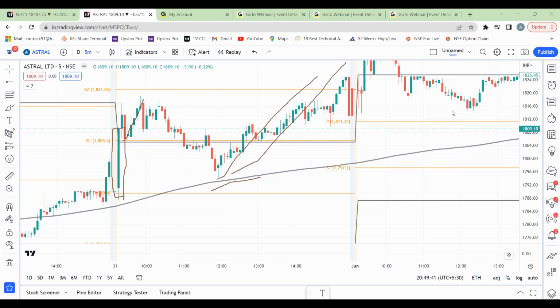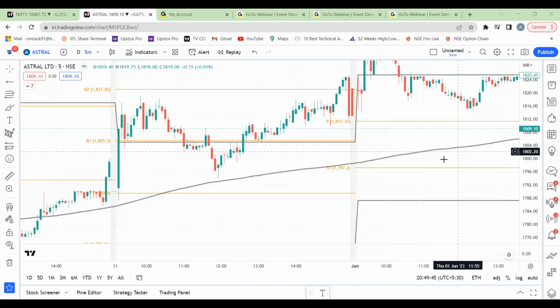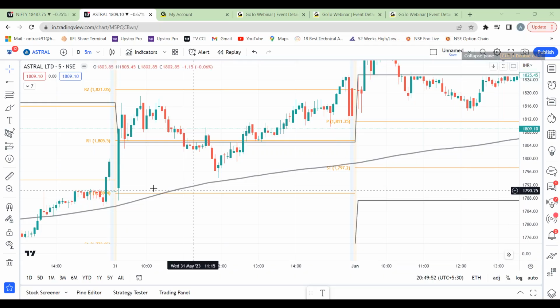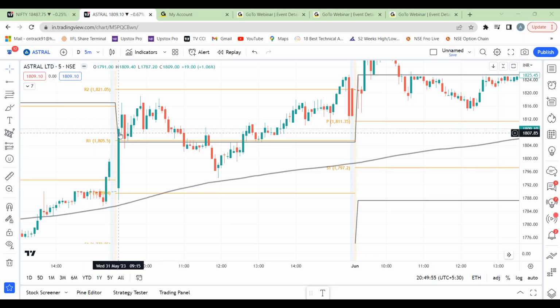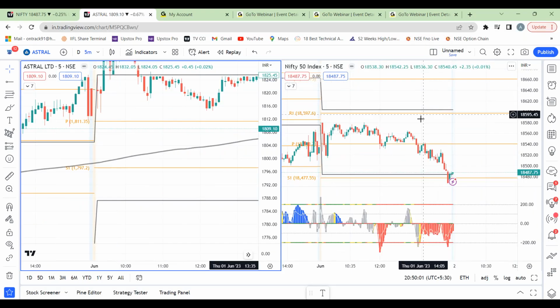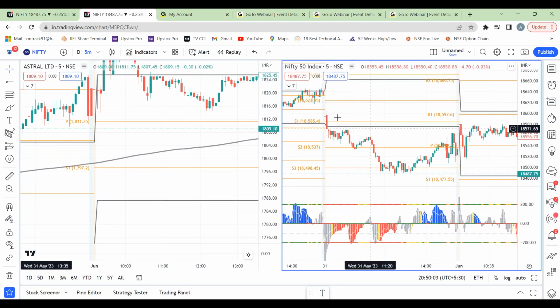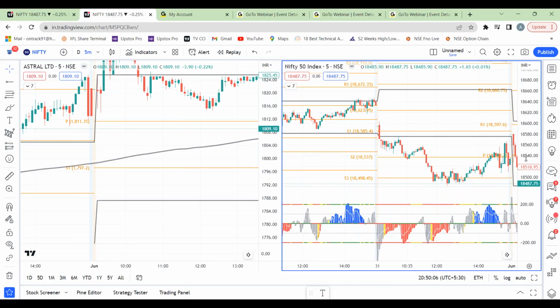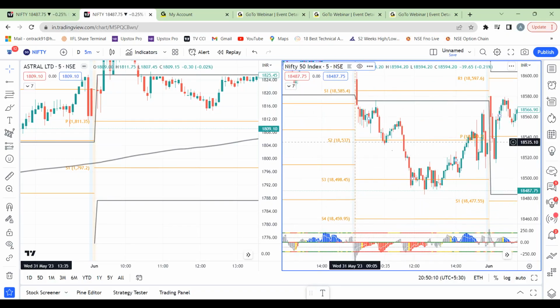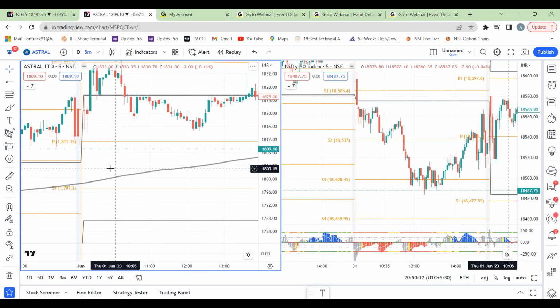See, yesterday when we picked this Astral for buy, I said let's wait for a dip. Okay, market is on sell. Although the stock was good, a strong buy trend, one should always understand when we plan to trade in markets, we should always have Nifty charts also and correlate with our stock selection.